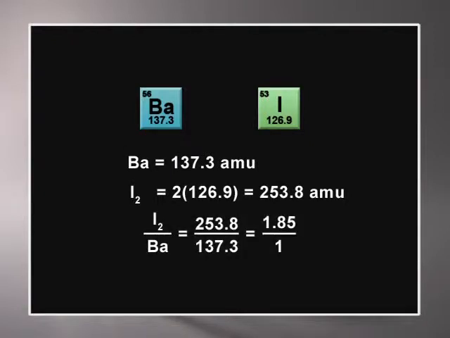The ratio of the weights of one iodine molecule to one barium atom is 253.8 to 137.3, or 1.85 to 1. This ratio tells us that an iodine molecule is about 1.85 times heavier than a barium atom, just under twice as heavy. Let's draw an analogy.